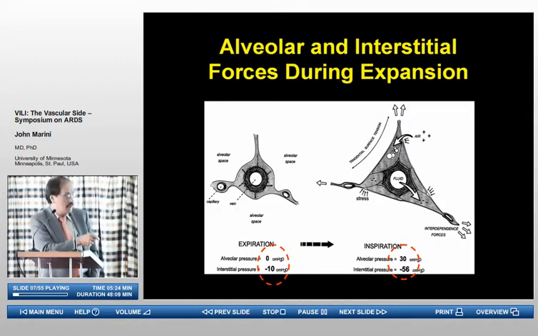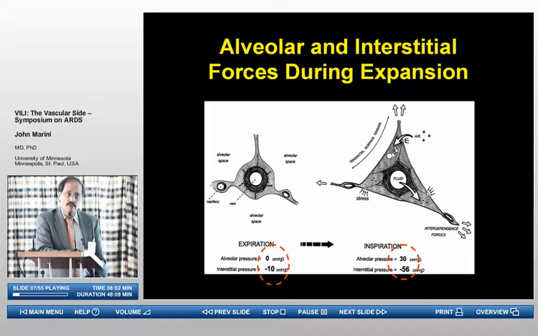Marcelo Amato and I wrote a paper a while ago in which we estimated what the interstitial pressure might be in an open lung if we put 30 centimeters of water alveolar pressure inside, a fairly common pressure to reach in the clinical setting. And based on the literature, Marcelo calculated that the interstitial pressure was minus 56.